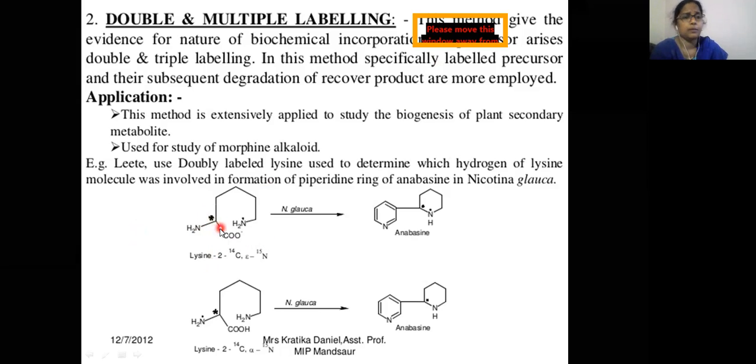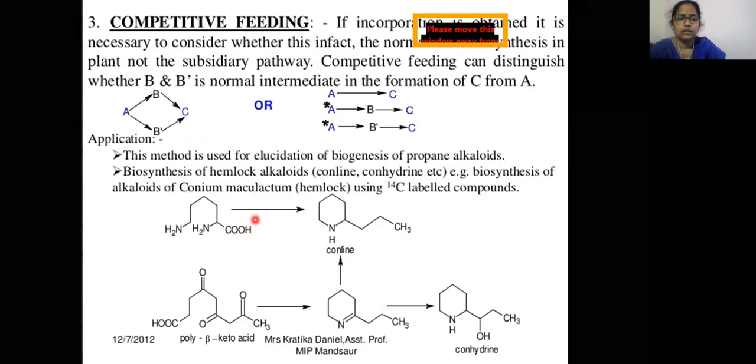This is the second position, and 3, 4, 5 and 6, this is the sixth carbon and this is the second carbon. If you see the structure of lysine, we have two amino groups in the structure, right?